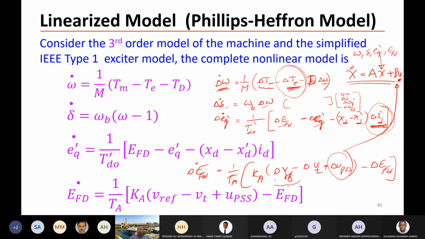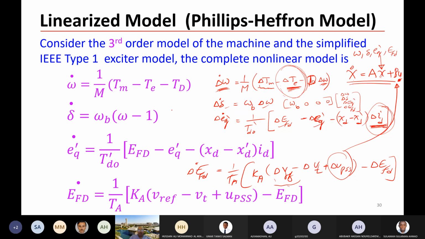So you will say this is equal to omega B multiplied by delta omega, 0, 0, 0. So this is delta dot as a row of A, the row corresponding to delta dot multiplied by the states here. This is ready, but this is not ready.